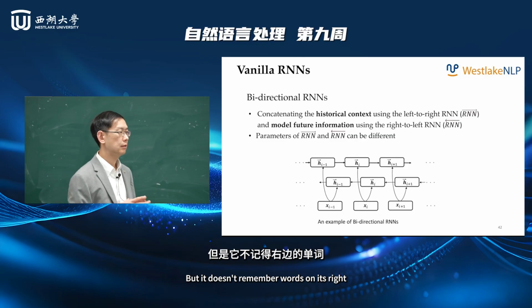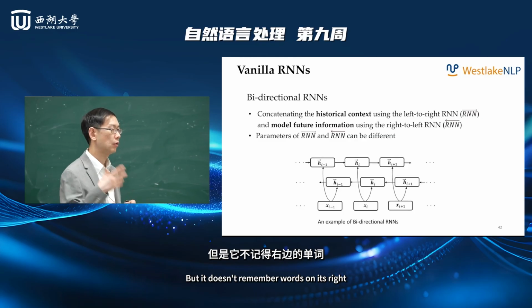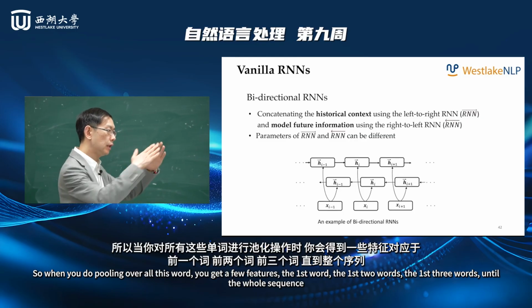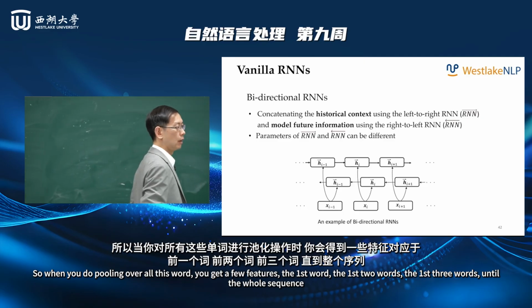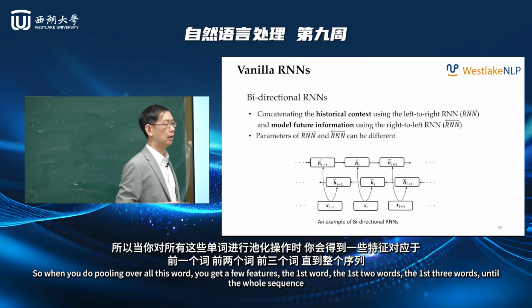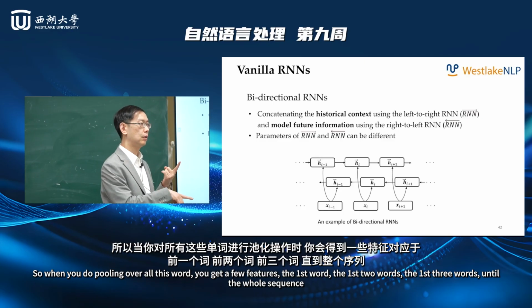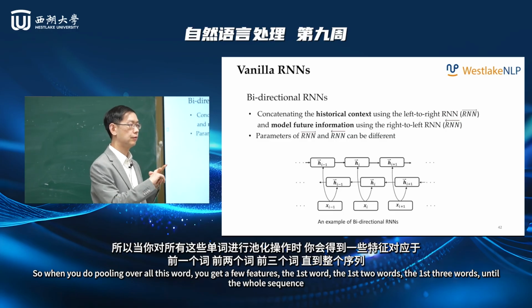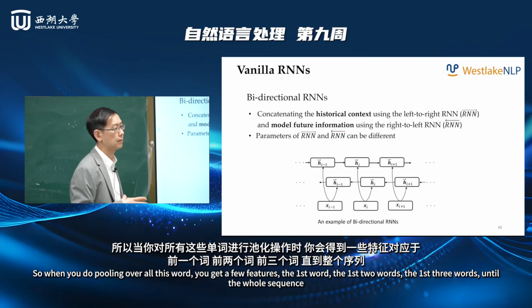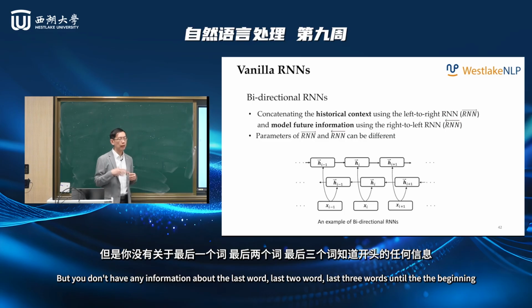But it doesn't remember words on its right. So when you do pooling over all these words, you get a few features: the first word, the first two words, the first three words until the whole sequence. But you don't have any information about the last word, last two words, last three words until the beginning, right?